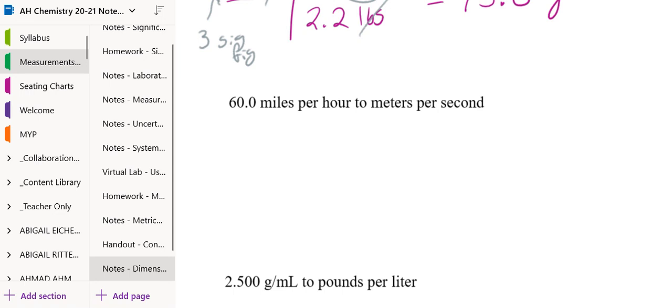We're given 60 miles per hour. So the way we write that is you can travel, or you are traveling, 60 miles over or per 1 hour. Right? That's what that means?